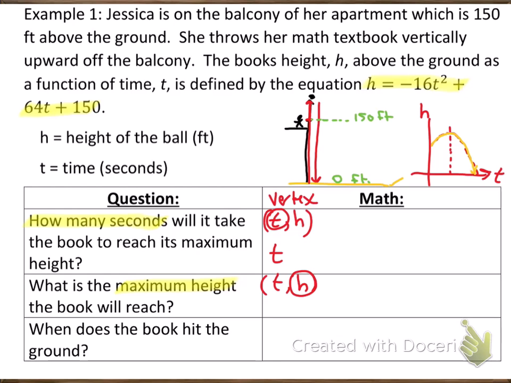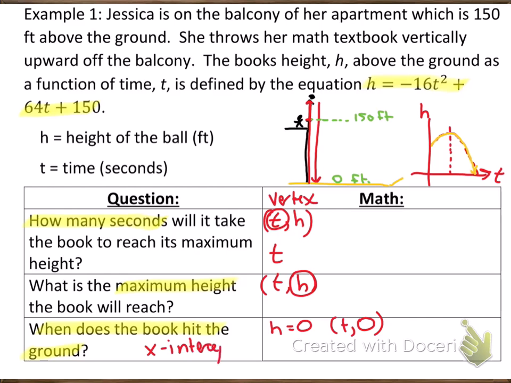Okay, and then the last question says, where does the book hit the ground? Okay, so when the book hits the ground, right, what is my height going to be? Well, my height is going to be 0. That's like my y value, right? So in other words, what time does it hit the ground? Well, if y is 0, isn't that just my x-intercept?